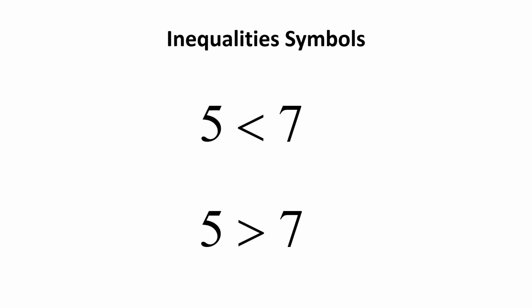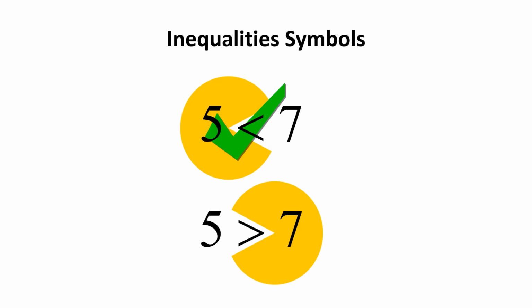If we think about the inequality symbol as being part of Pac-Man, in the first one we are saying that Pac-Man is going to eat the 7, that 7 is the bigger number. On the bottom we are saying that Pac-Man is going to eat the 5, therefore 5 is the larger number. So clearly the first statement is correct and the second one is incorrect.